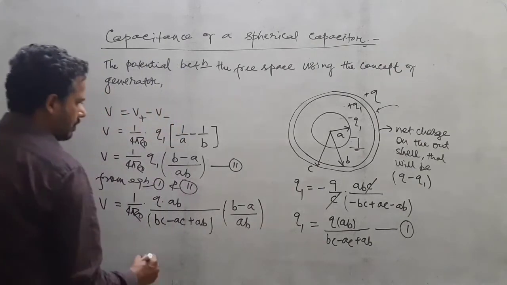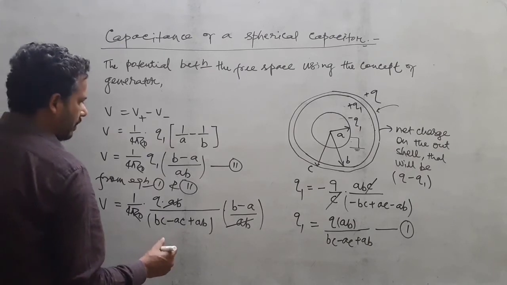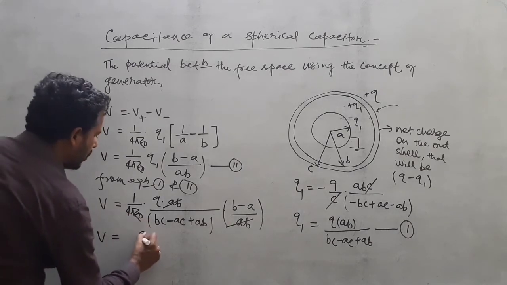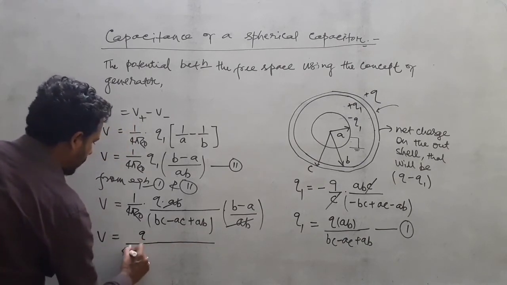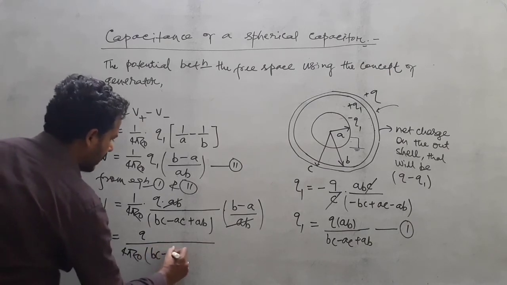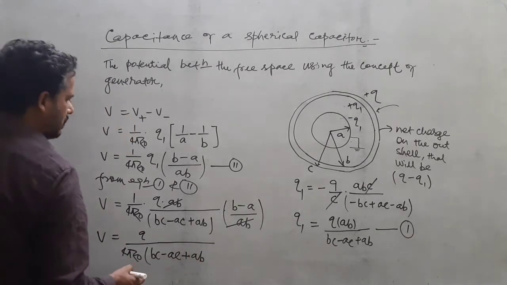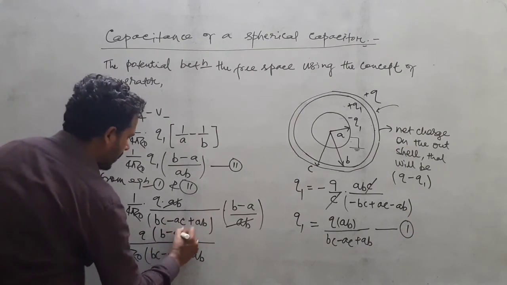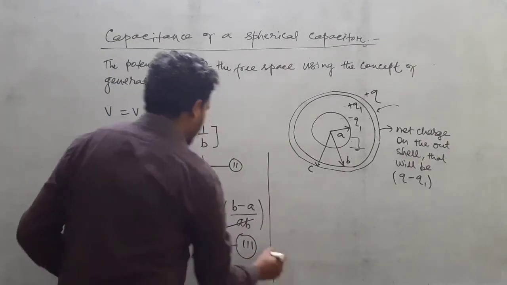From here AB and AB will be cancelled, and finally you have Q by 4 pi epsilon naught BC minus AC plus AB, B minus A, and you suppose this is equation 3.